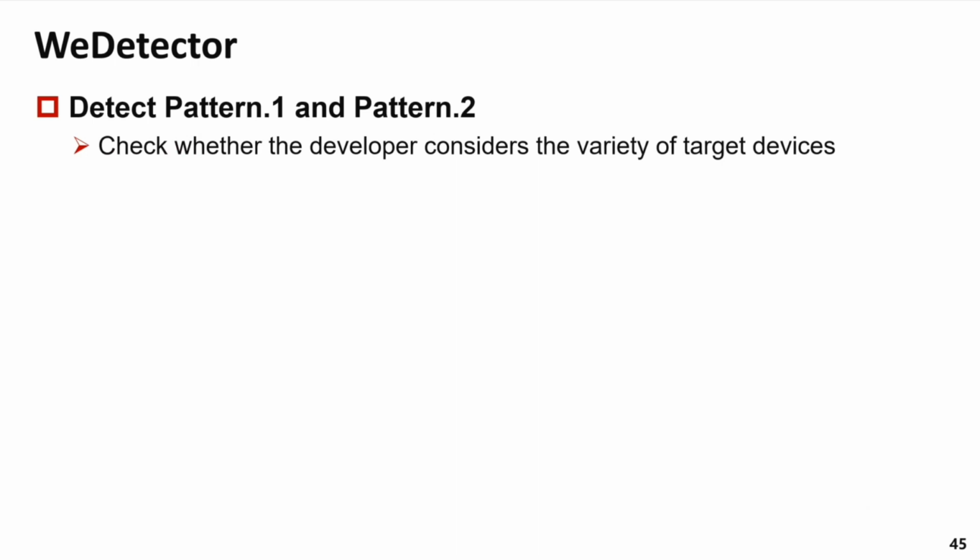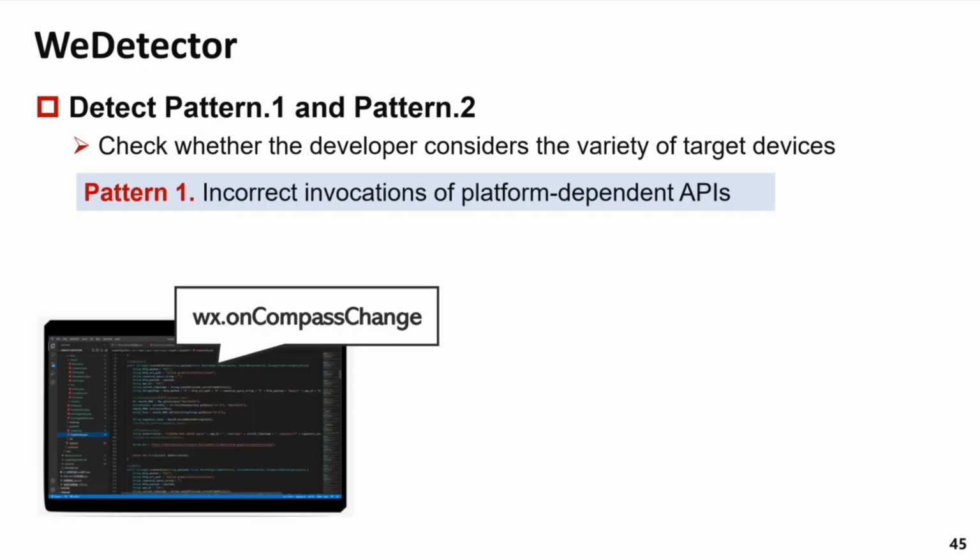The core idea of detecting bugs under pattern 1 and pattern 2 is to check whether the developer considers the variety of the target devices. For VBugs under pattern 1, the detector checks the usage of wx.getSystemInfo. The API can obtain the target operating system information.